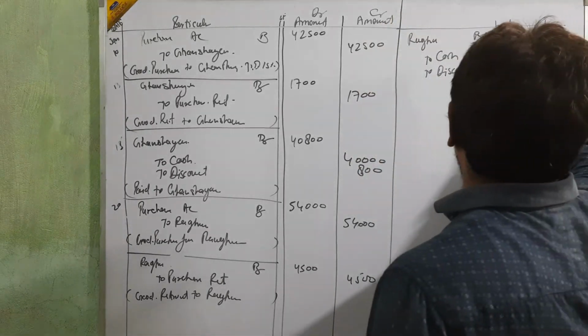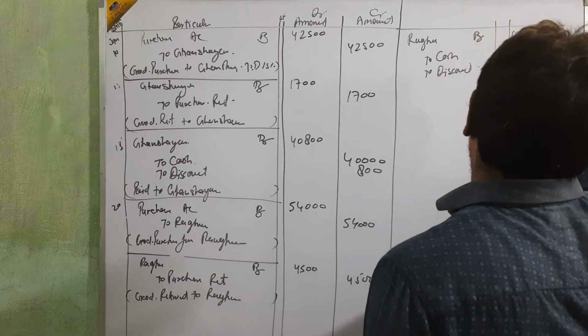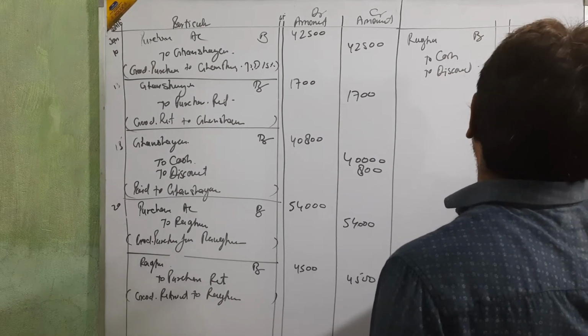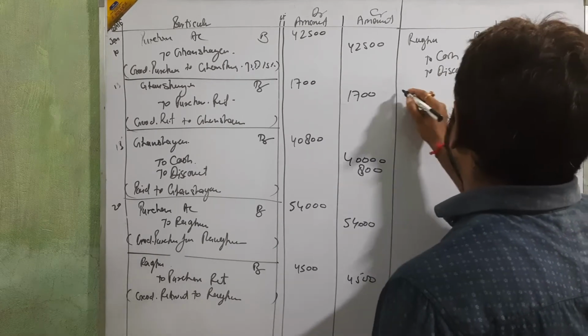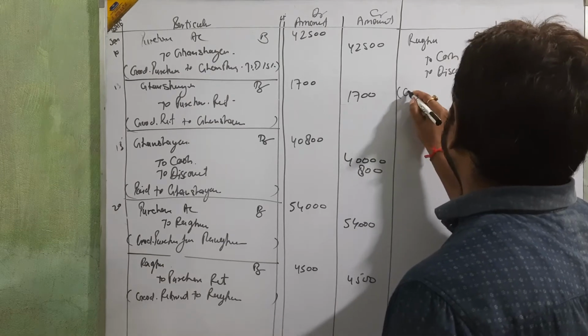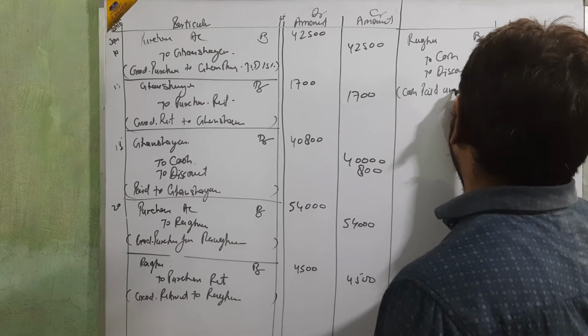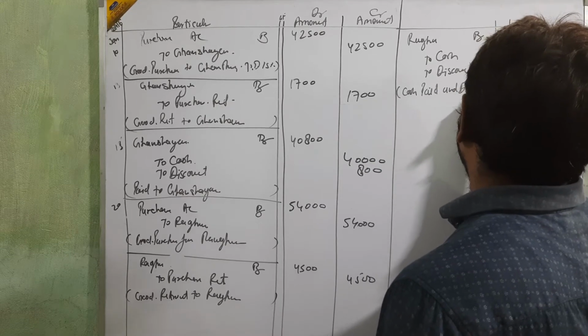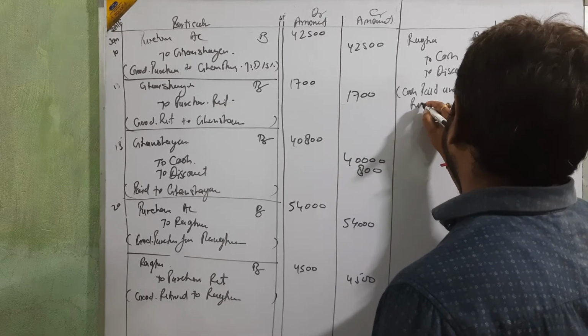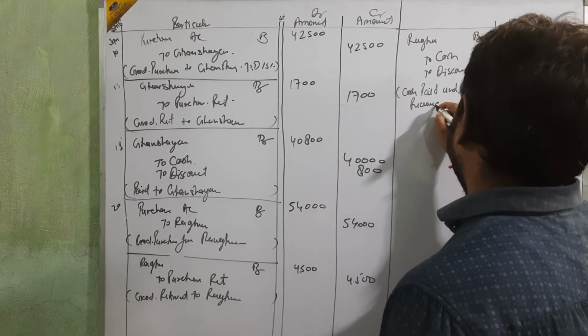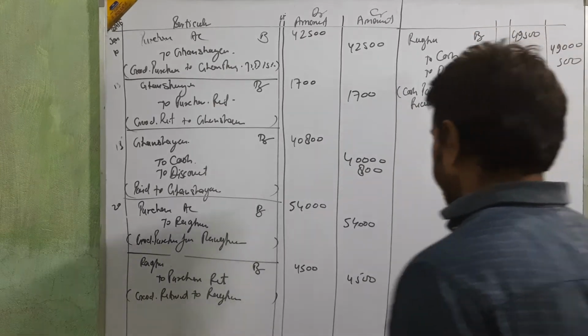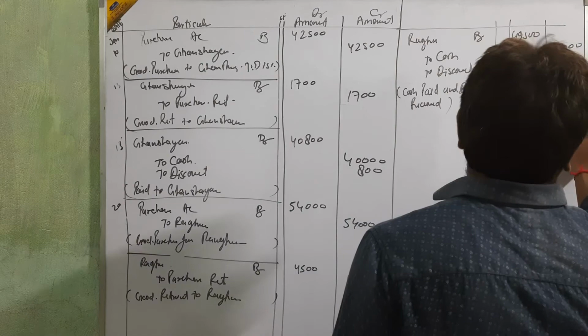We have to pay 49,500, but we are only paying 49,000. It means 500 is the discount. Cash paid and discount received. Okay, clear?